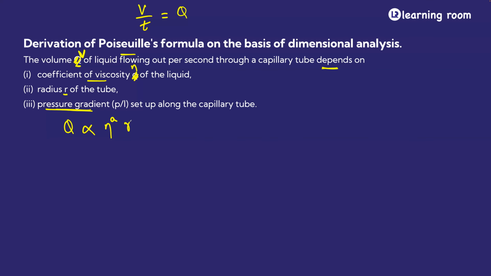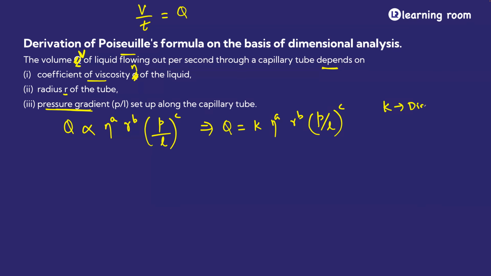So R power B, and it depends on the pressure gradient. So you can write it as P divided by L to the power C. Right. From here, can I write Q is equal to K times eta power A, R power B, and P by L to the power C, where this K is supposed to be a dimensionless constant.